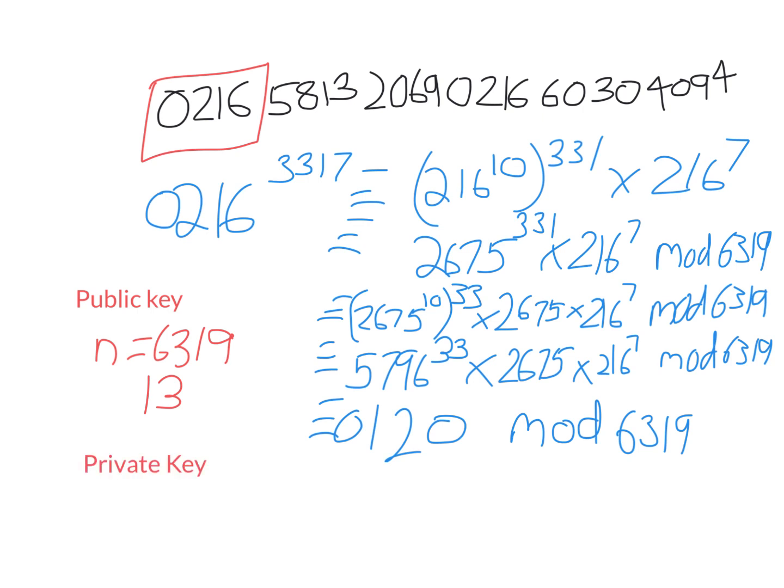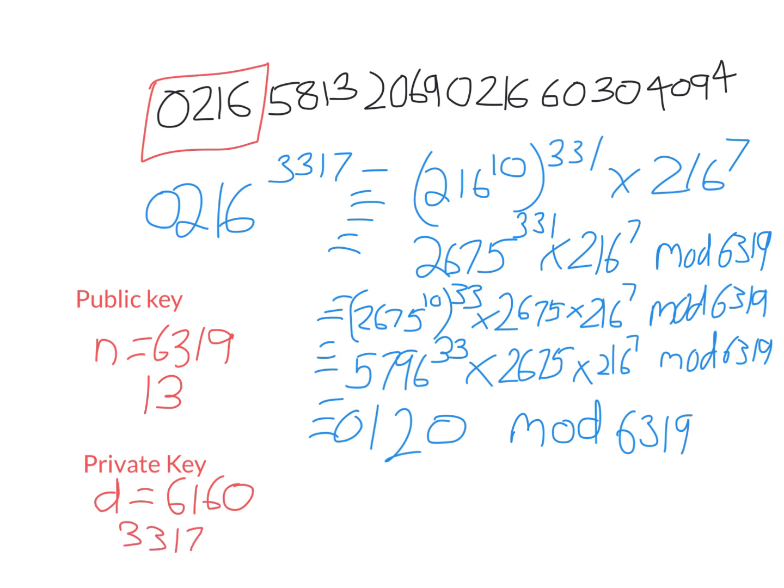We needed what's known as a private key. In this example, the private key was the number d, which was phi n, which was 6160, and also this inverse of 13 modulo 6160, which was 3317.